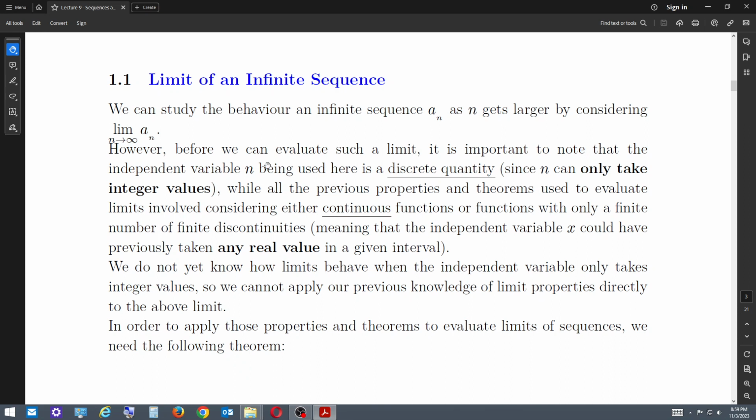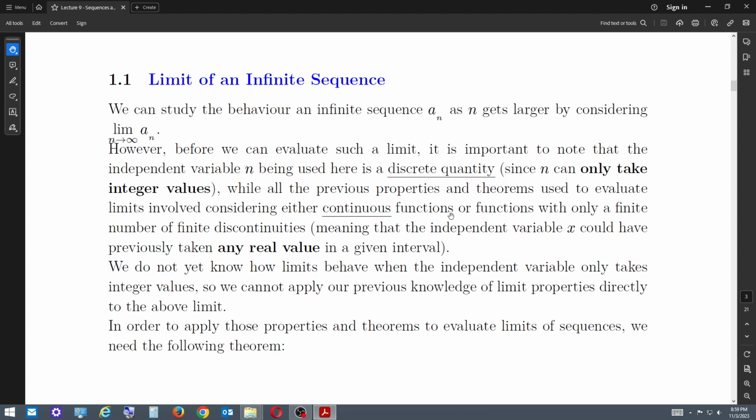The domain is really the set of integers, because the values n that we substitute in are integers. The n value is an integer value, and that we call a discrete quantity. Discrete quantity meaning it can only take discrete values. There's a jump from one value to the next. So from 1 to 2, there's a jump.